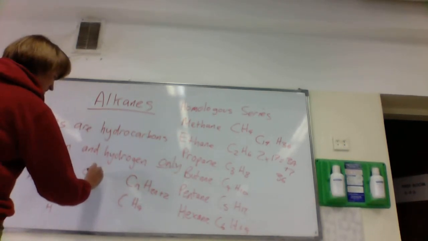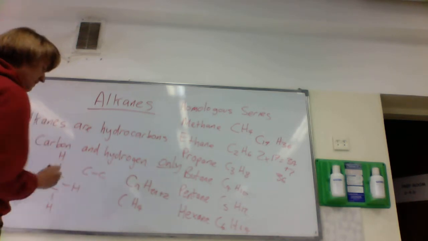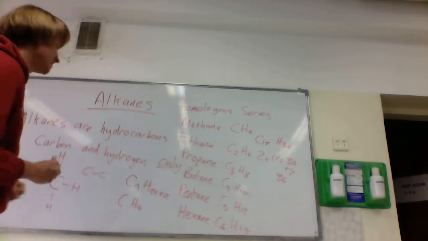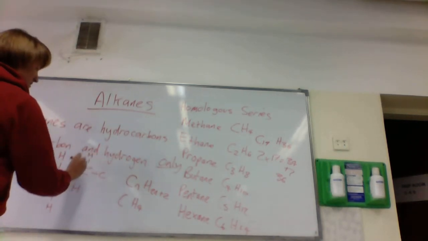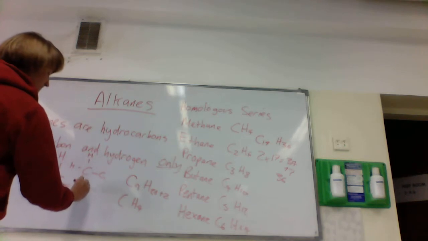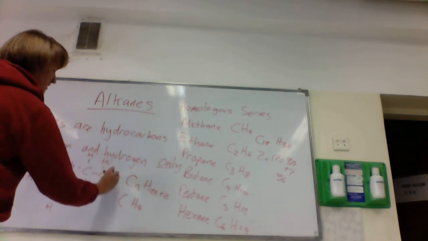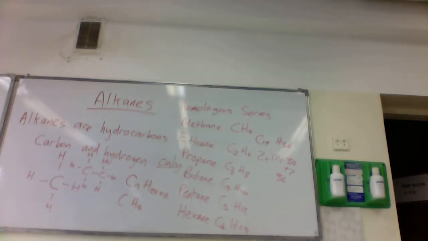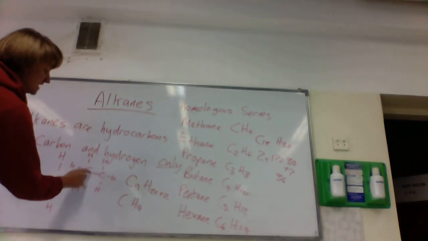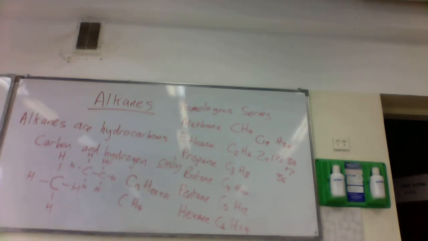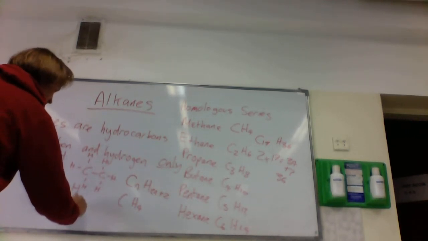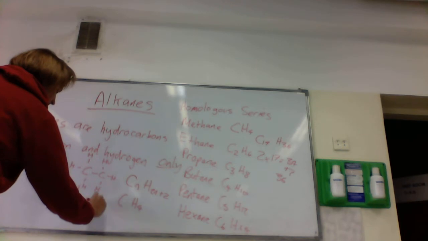So 1, 2, and then if it's an alkane, it always has single bonds throughout. So 1, 2, 3, 4, 5, 6. So each carbon has 3 bonds to other hydrogens, and there's a single bond between 2 carbons. This is what we call the structural formula.